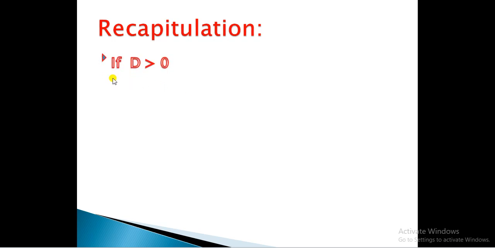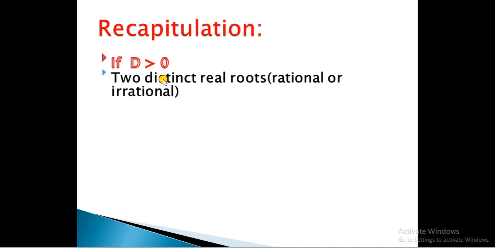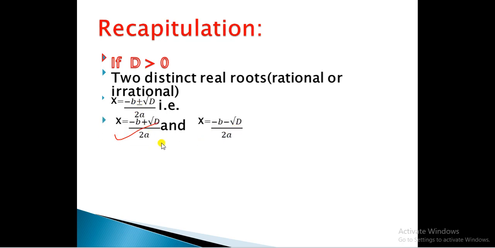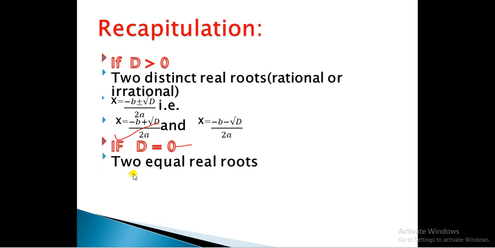Students, now we have seen so many examples. Now let us recollect what we have studied today. We have studied that whenever the discriminant is greater than 0, we will have two distinct real roots. And how to find them? We will use the quadratic formula, once on taking plus and once on taking minus, so we will get two roots.